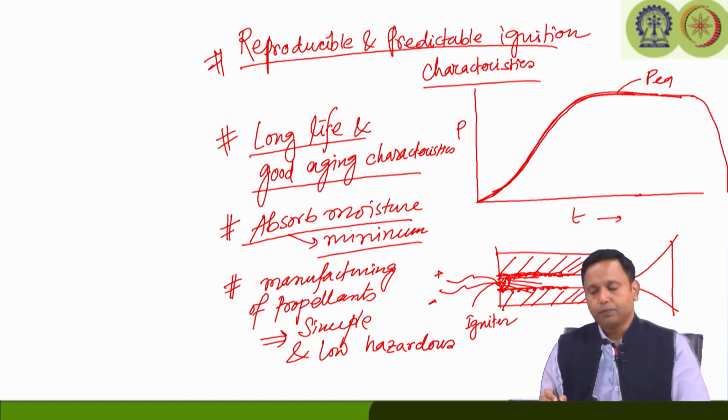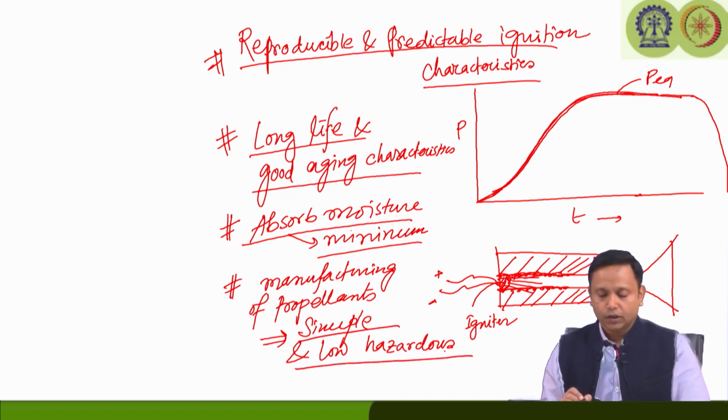We want to make the propellant, meaning we are talking about the fuel and oxidizers. So, the manufacturing process for making those propellants must be simple and low hazardous. Of course, it needs to have raw materials that should be available all the time.